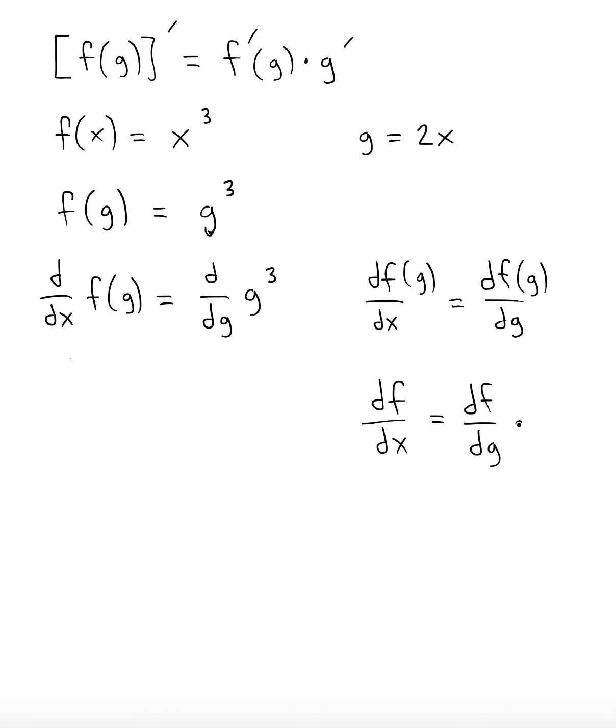Let's multiply by another term here. And it should be clear now that if we were to multiply by dg over dx, the sides really would be equivalent now. That's chain rule. It's another way of writing it. So let's try to go back to our problem and fix the problem.